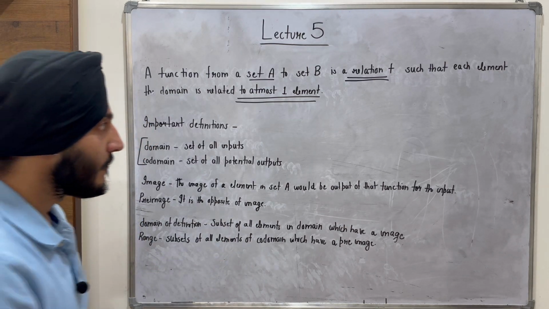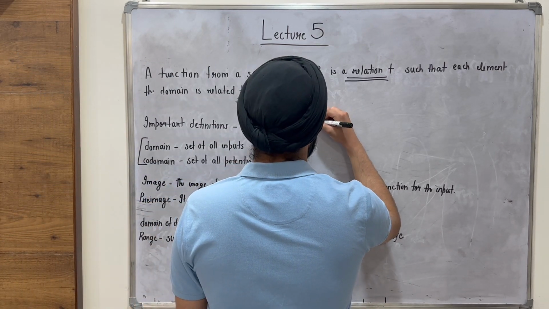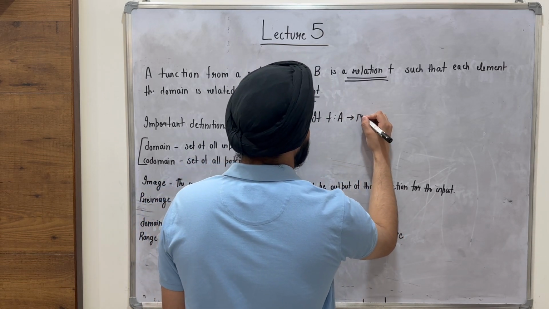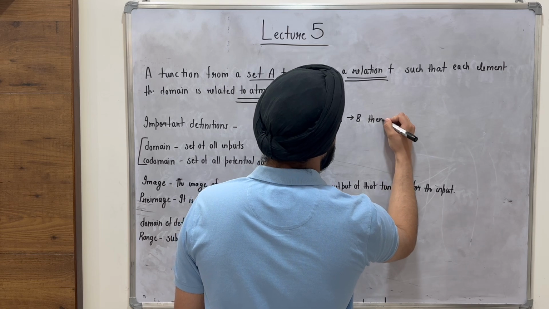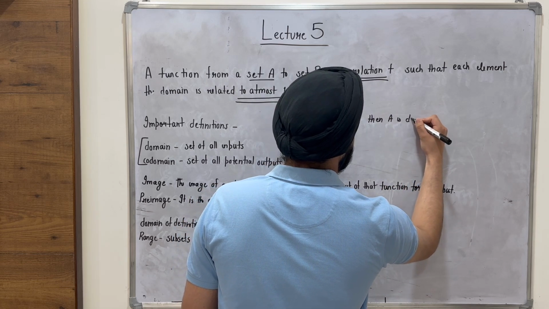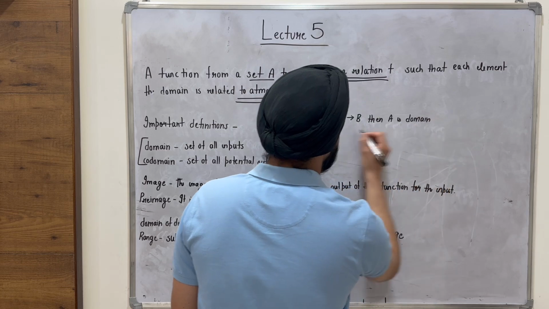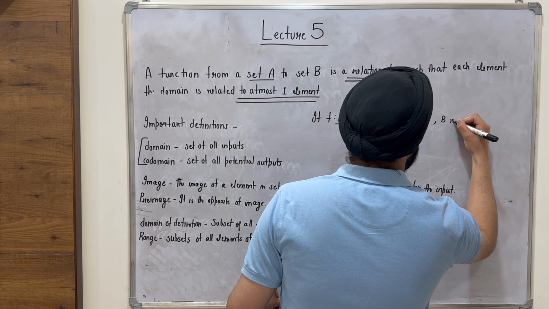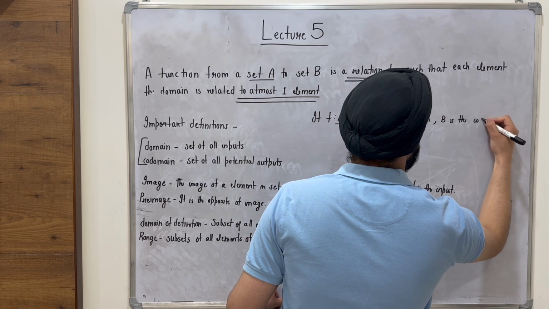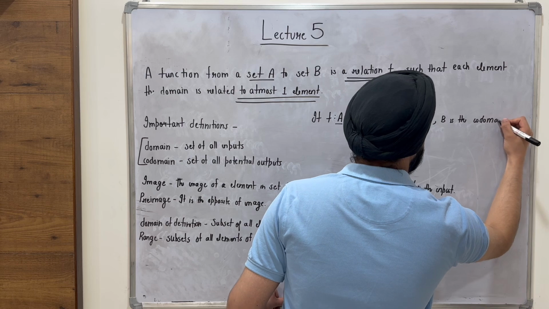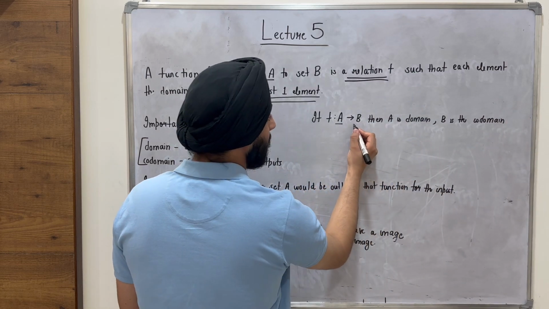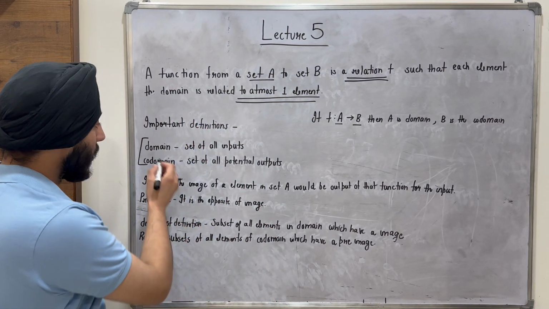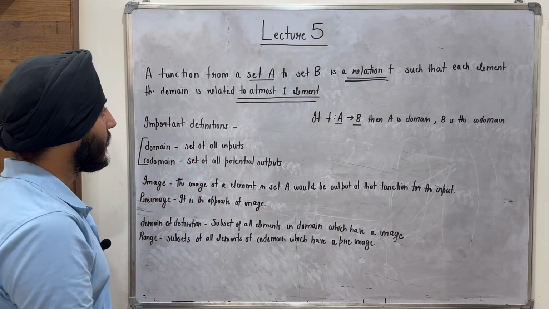In very simple words, if f is a function from A to B, then A is the domain, right? Because it is the set of all the inputs, comma B is the codomain, which is the set of all the potential outputs over here. So I hope you have a good understanding about what is the domain and what is the codomain, right?